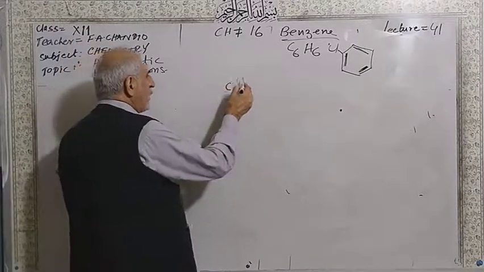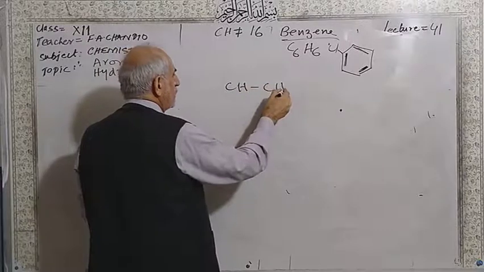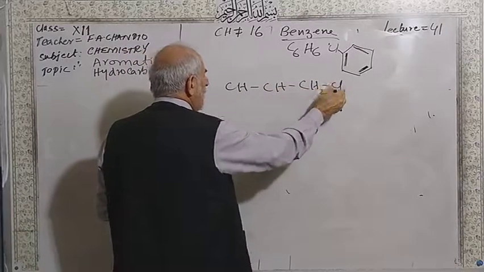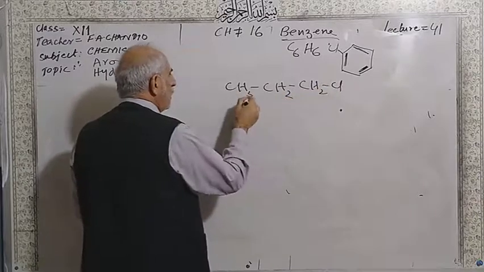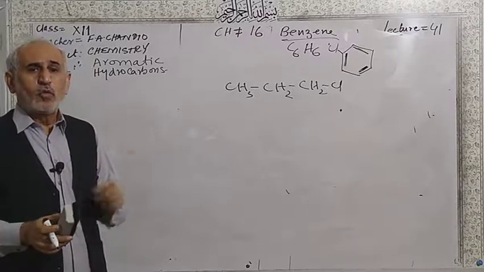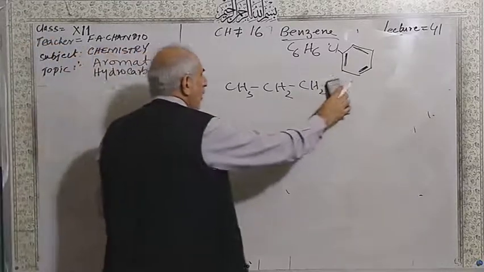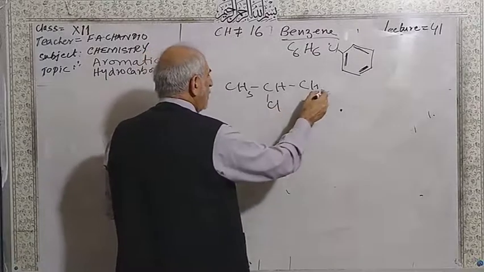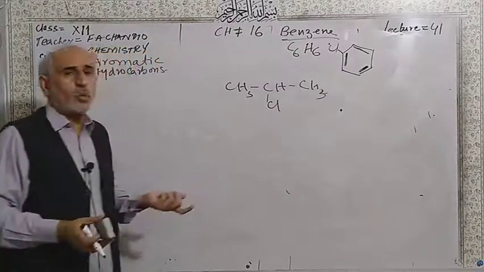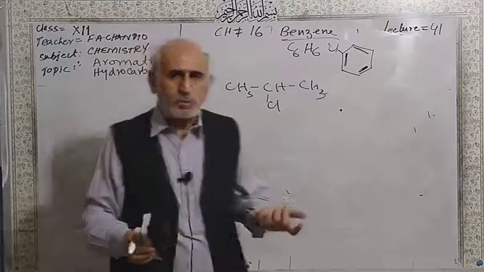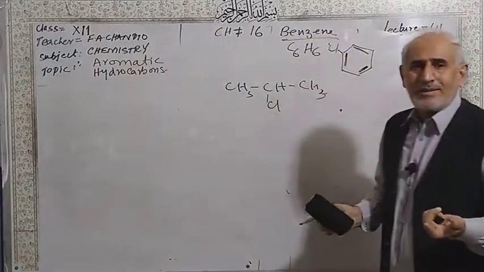But dear students, if you have an alkane like this one, if chlorine is here, this is called 1-chloropropane. But if you put the chlorine here, this is called 2-chloropropane. You will get an isomer.